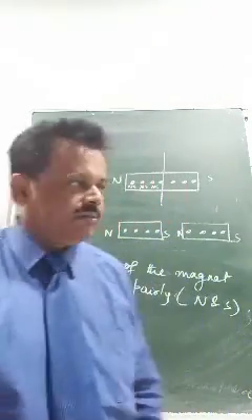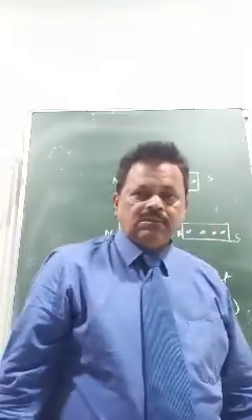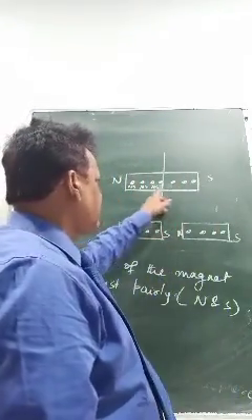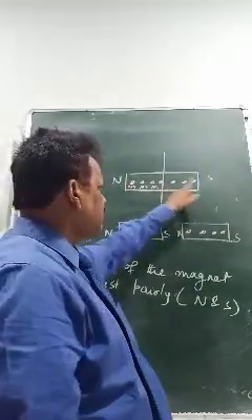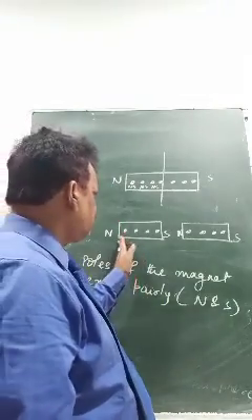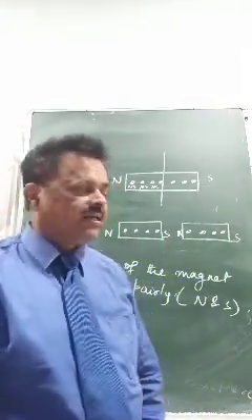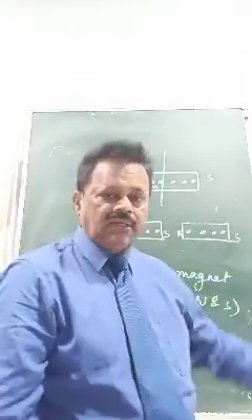First point you got is a magnet has two poles. Then a freely suspended magnet remains horizontal, showing north and south pole direction. Then poles of the magnet cannot be separated. It always remains with a pair, north and south, north south, like that.